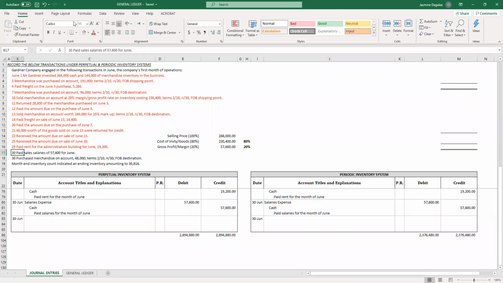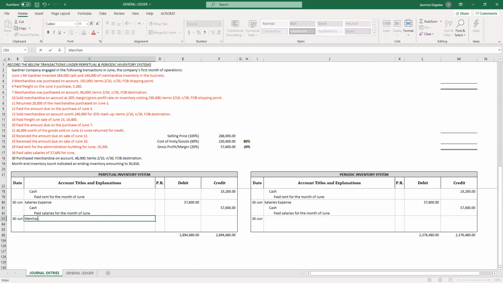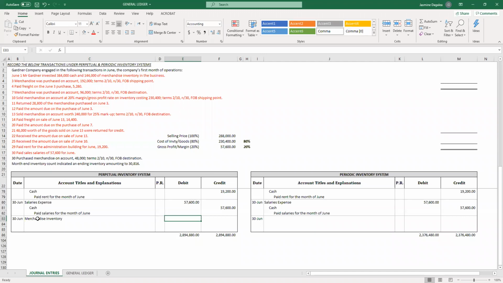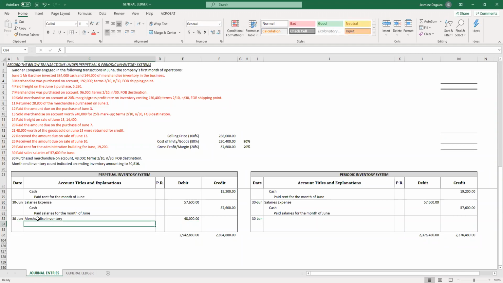Okay, so last transaction, purchased merchandise on account, 48,000, terms 210, net 30, FOB destination. What is your entry under perpetual inventory system? Debit merchandise inventory, 48,000. Credit, on account, accounts payable.